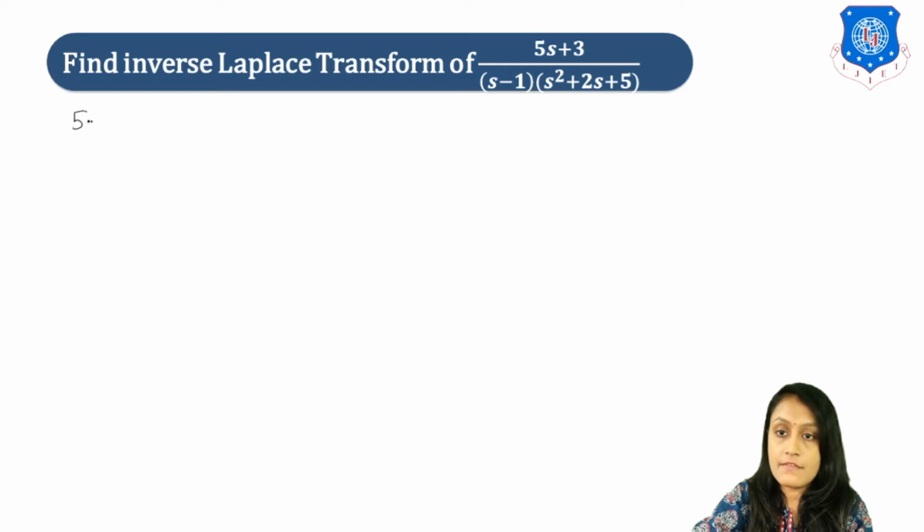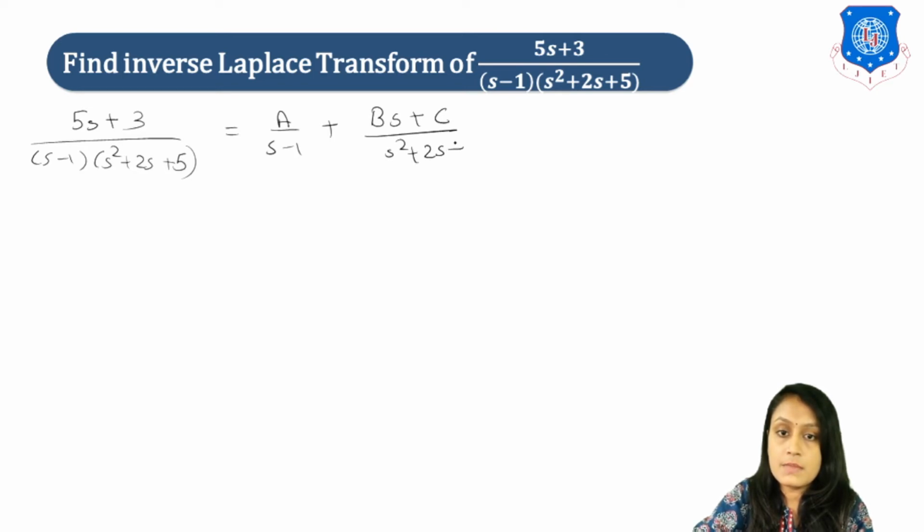So whenever we have a quadratic term and a linear term, firstly for the linear term we will write a upon s minus 1, and for the quadratic term we will write bs plus c upon s square plus 2s plus 5, like this. Now whenever we have this type of combination, what we have to do is cross multiply.